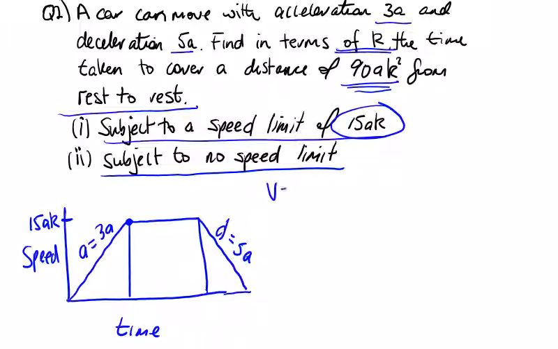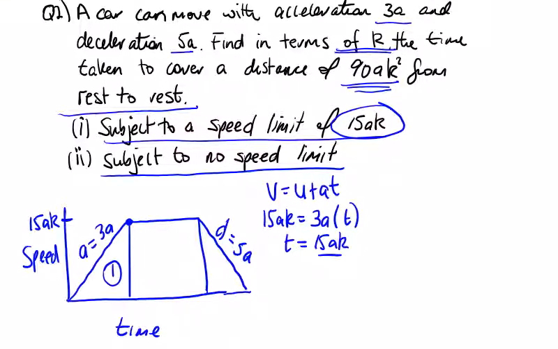Let's have a look at those. So we can get them with v is equal to u plus at. So in section 1 here, we know velocity is 15 ak, is equal to u, which is starting from rest so 0, plus a times t, so plus 3a times t. So my time is going to be 15 ak divided by 3a, which is going to give me 5k.